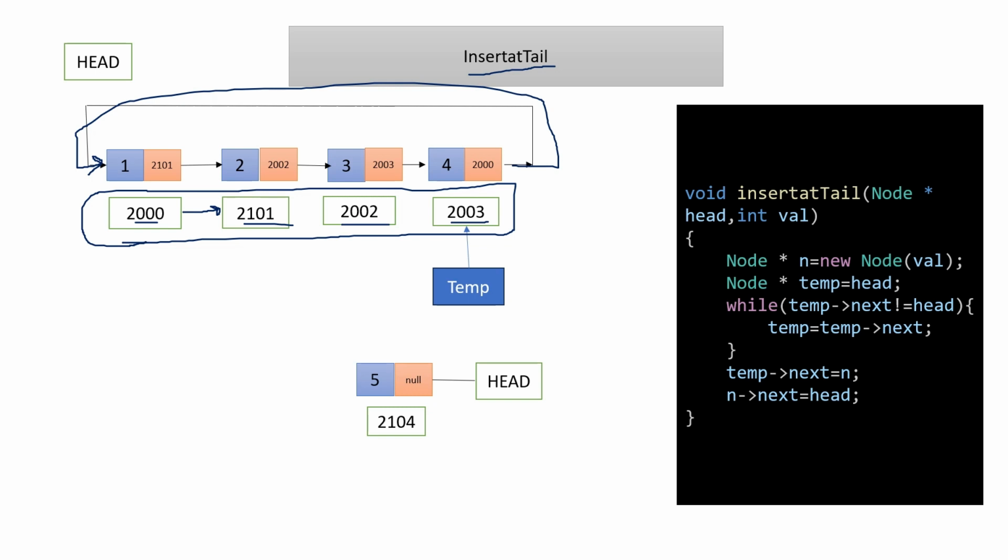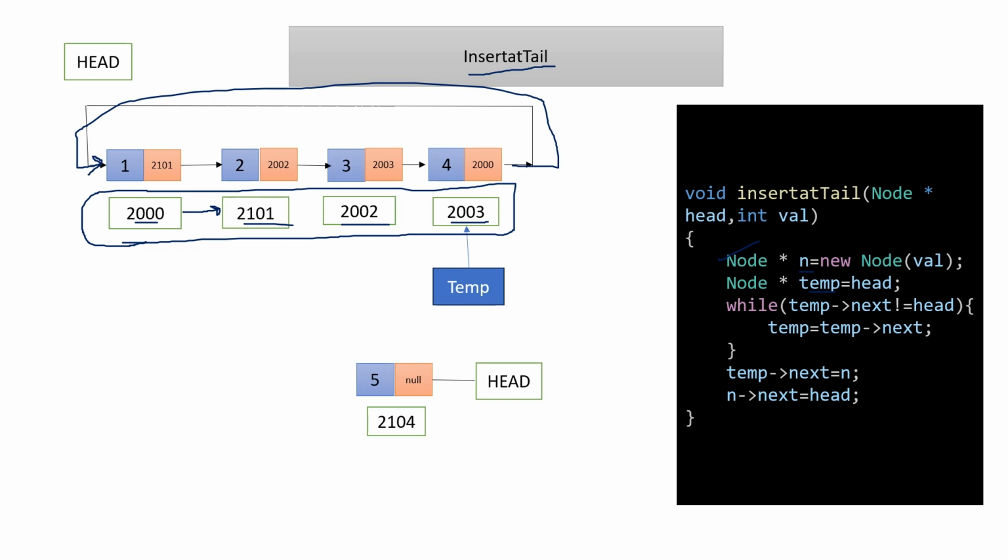In insert at tail, first we create a new node, and let's name it n. We create a temporary node which points to our head initially, and it runs until temp next is equal to head.